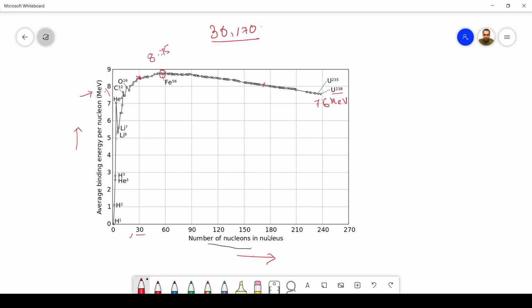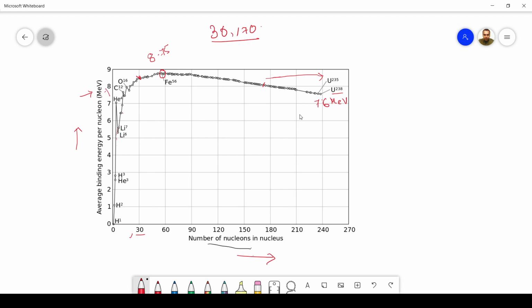And it begins to decrease above 170. From here onwards, you can see that this curve is decreasing in value.